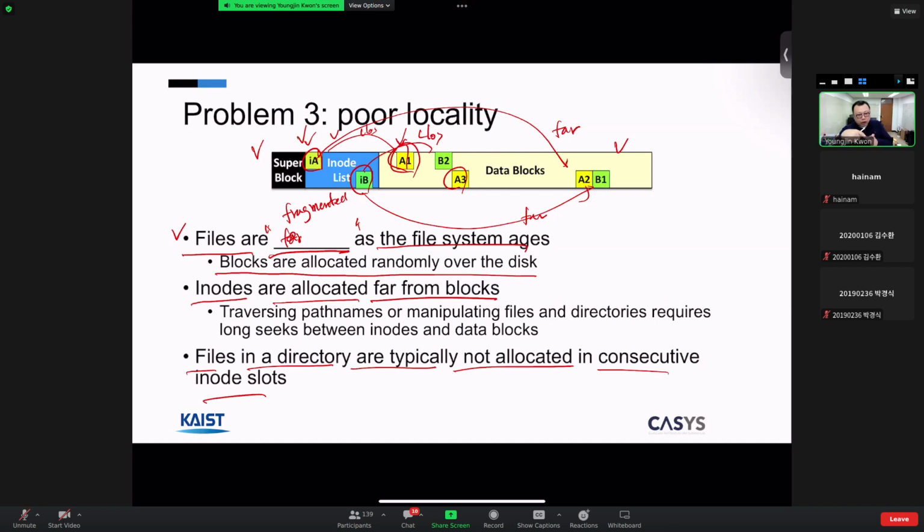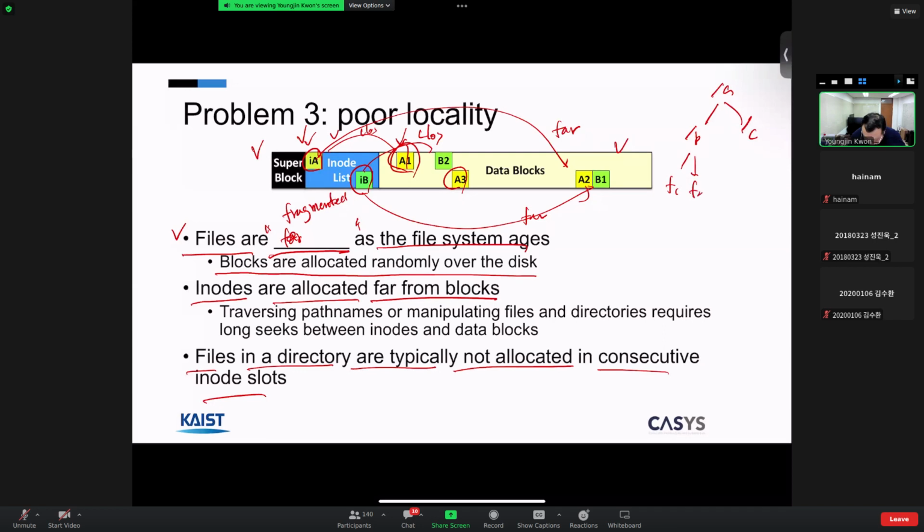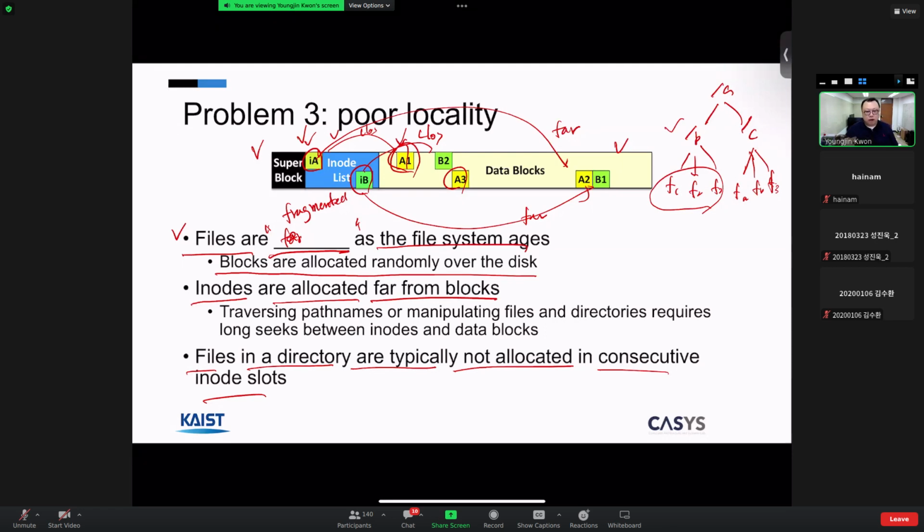So if you look at the directories, say /A, /B, /C, and there's file 1, file 2, file 3, and file A, file B, and file C. Usually, in the case of spatial locality, the files in the same directory are accessed together.